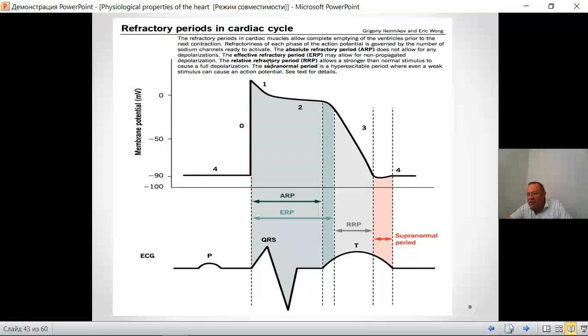However, a greater than normal stimulus is required. If a second action potential is generated during the relative refractory period, it will have an abnormal configuration and a shortened plateau phase.